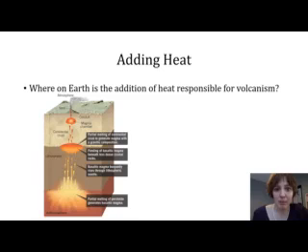And remembering that the lithosphere is indeed comprised of both crust and mantle, the initial melting we can see happening in the mantle, and that magma rising upwards through the mantle. It does that because it's less dense than the surrounding mantle material. So all of this out here is still mantle.